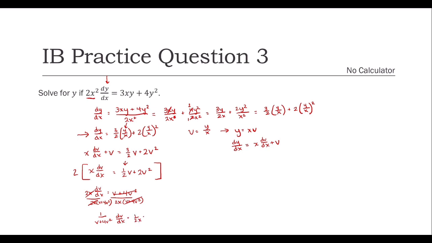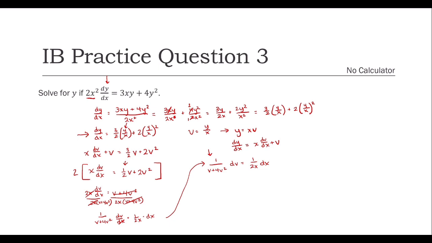Then we just multiply both sides by dx to get that 1 over (v plus 4v²) dv equals 1 over 2x dx. So we can't take the integral here yet.